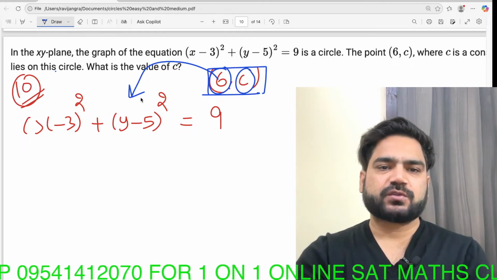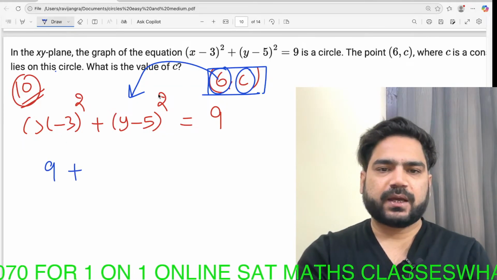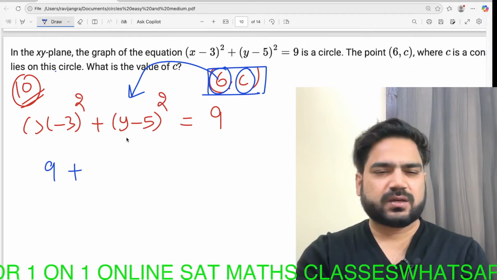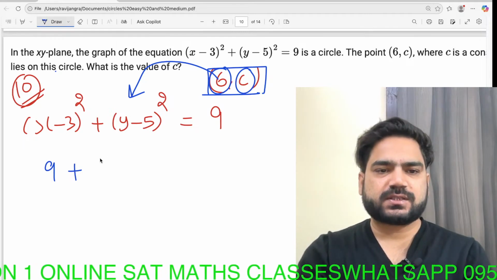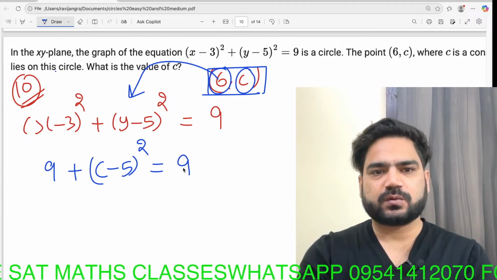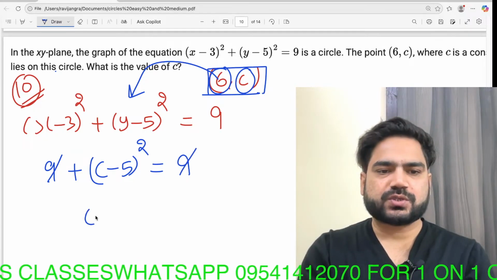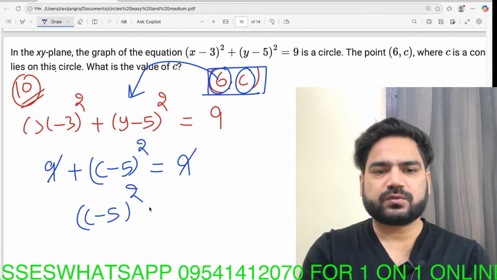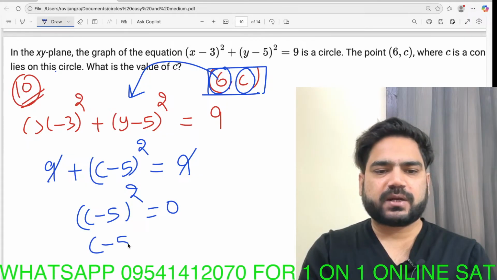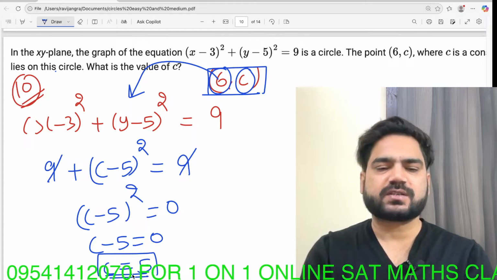So 6 minus 3 square is 9, and (c minus 5) square, and it is equal to 9. So 9 will cancel out. (c minus 5) square is equal to 0, so c minus 5 is 0. What is c? C is 5.